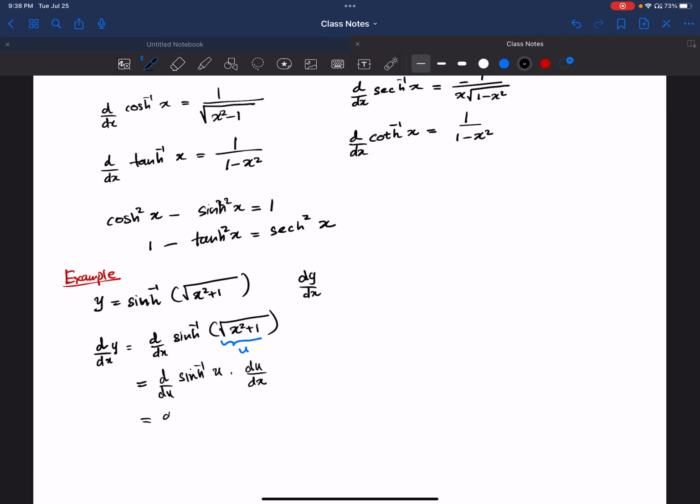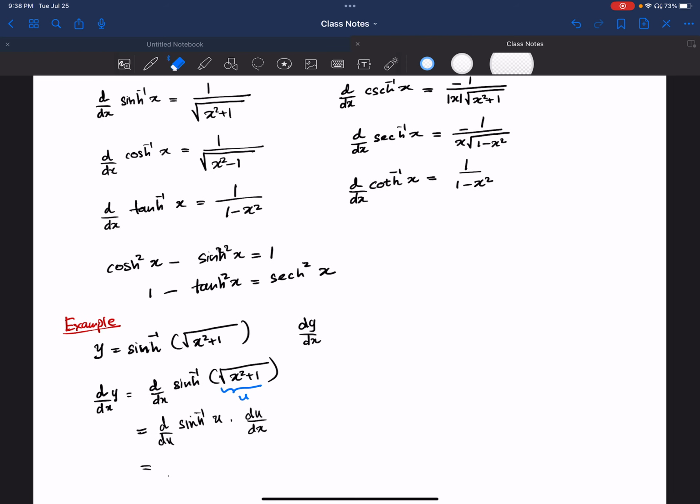So from that you get 1 over square root of u squared plus 1 times d over dx x squared plus 1 to the power half.